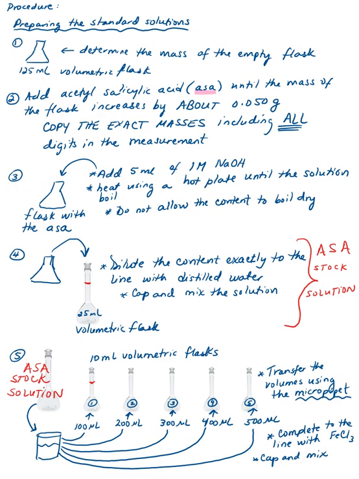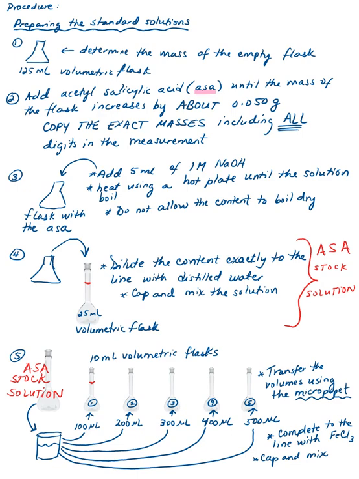So you can have 20.052, 20.0498, something close to 0.05. So you're recording the exact mass of the empty flask, and you're recording the mass of your flask with the ASA. You're going to copy all the numbers on the mass balance with all decimal places in your lab notebook.